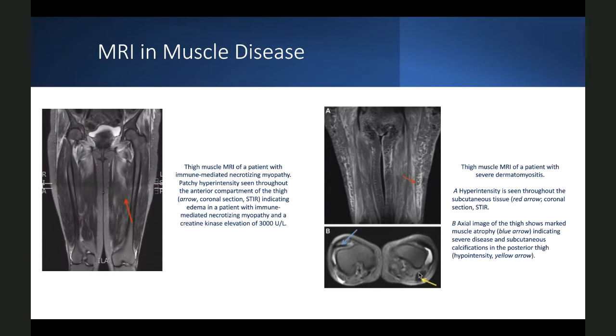Again, coming down over here with dermatomyositis, you can also see calcification, which would be hypointense, as you can see marked with the yellow arrow over here. And again, you will have this fascial edema, which can be seen in dermatomyositis particularly as compared to the other myopathies.